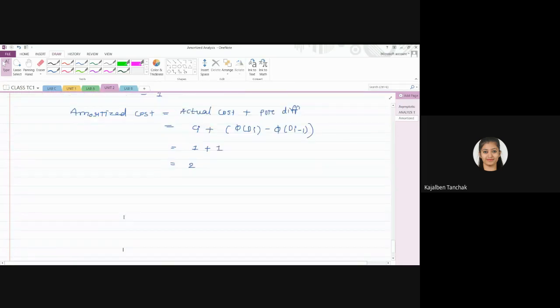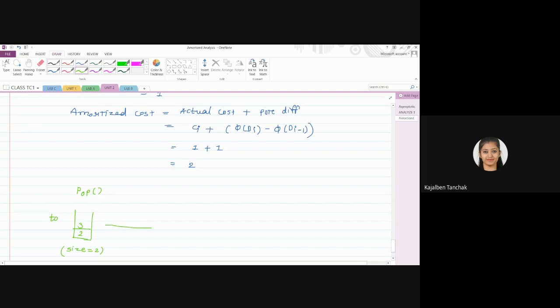The second operation we have is the pop operation. Let me take this pop operation. At t0 time, let us consider this 2, 3. We have a stack with 2 elements, so the size of the stack will be 2 at t0 time.